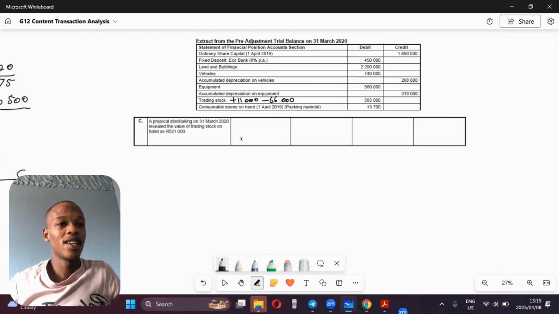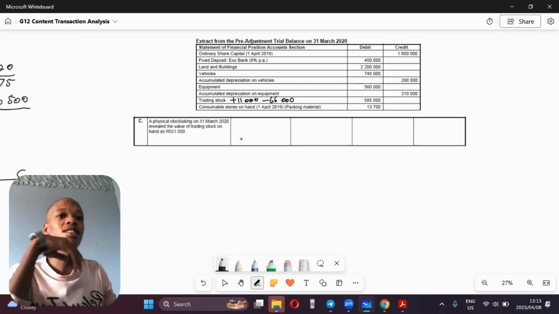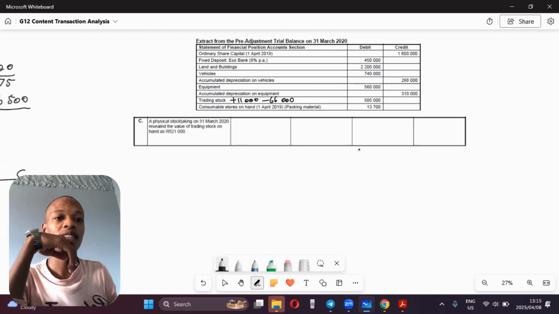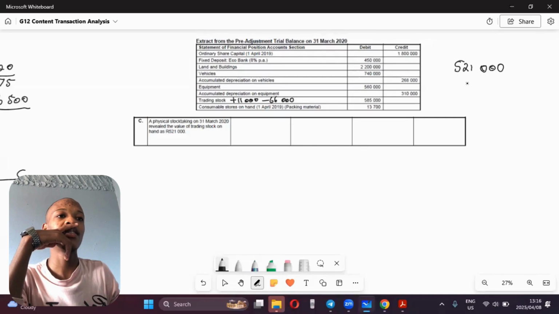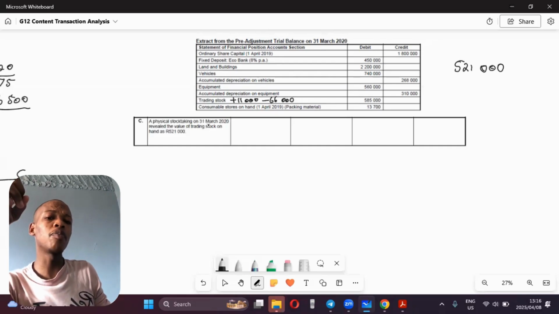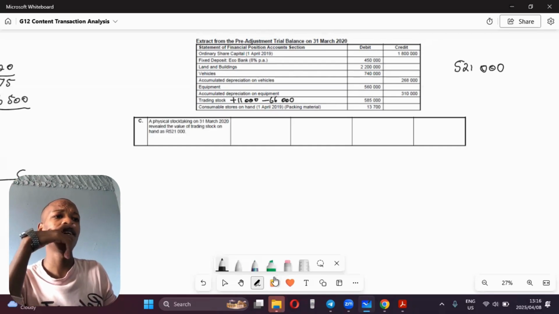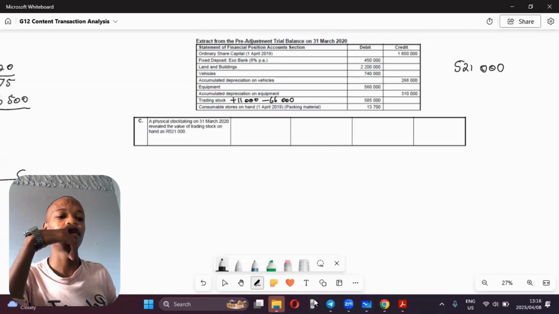Okay, so now let's go. According to the auditor, the stock is worth 521,000. If it's worth that much, let's go and check how much trading stock is worth according to the business. Now this is what we do. We use a calculator.